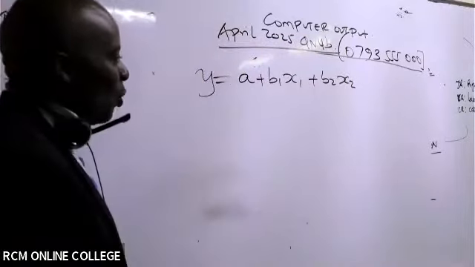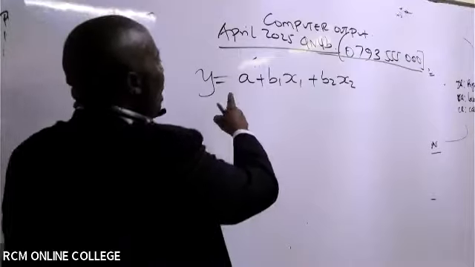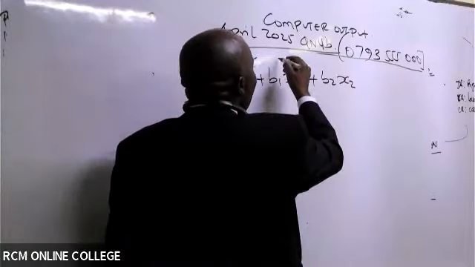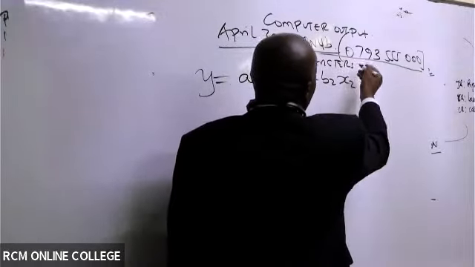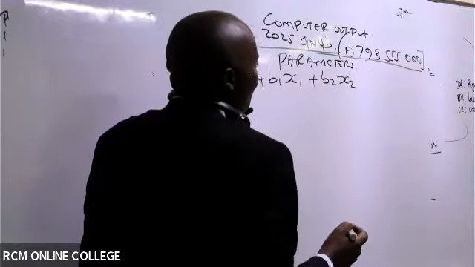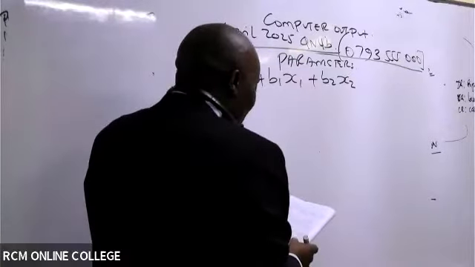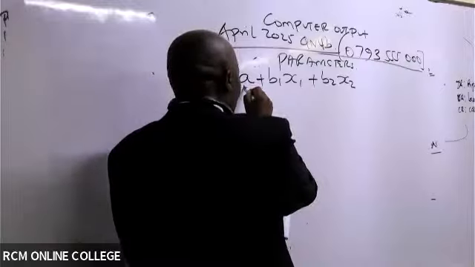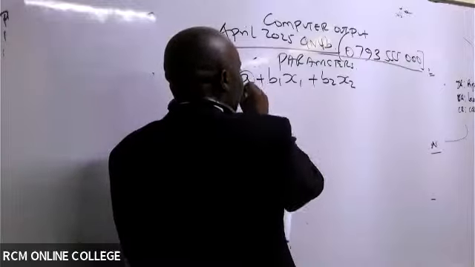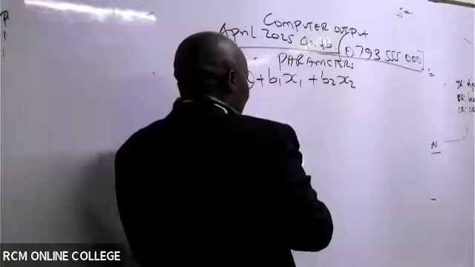Two of them. Now, remember, we call these ones parameters. So in these parameters, remember automatically, this will be the constant coefficient or the intercept, isn't it? So are you able to see the parameters there?